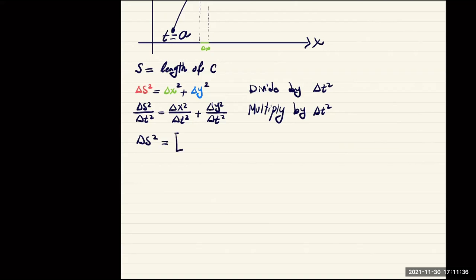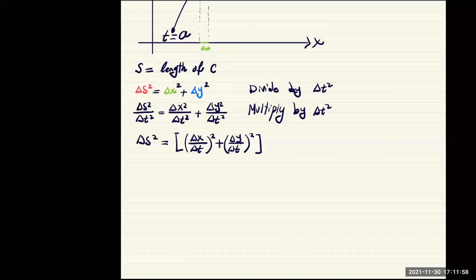Now, also, if you don't mind, I am going to write delta x squared over delta t squared as the square of delta x over delta t. I can rewrite that as delta x over delta t, the whole thing squared, plus delta y over delta t, the whole thing squared.